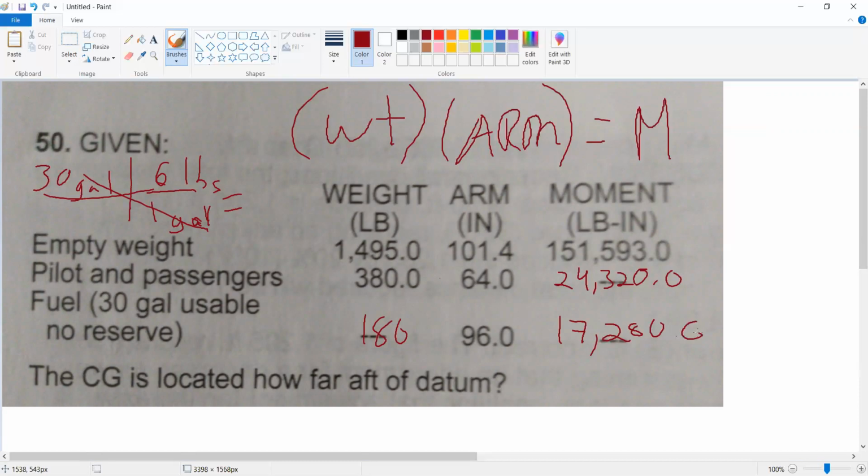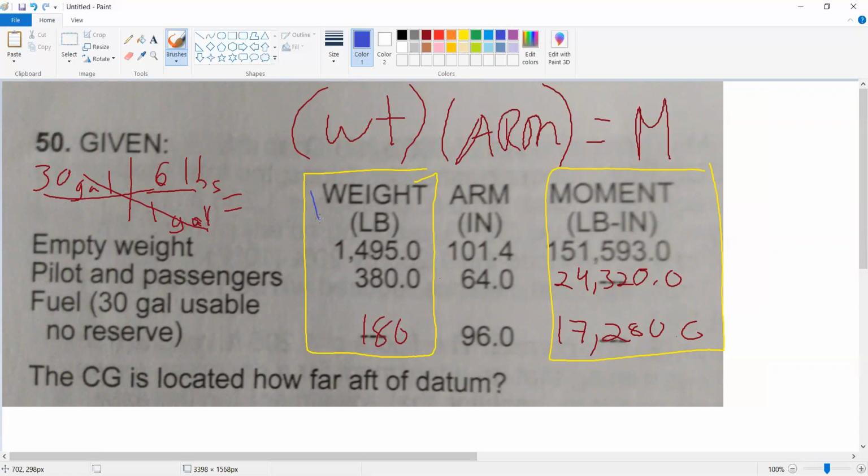Then after getting that, we need to tally the weight column and the moment column. And after tallying these two sums, we need to divide them. All right, so let's tally this column first.